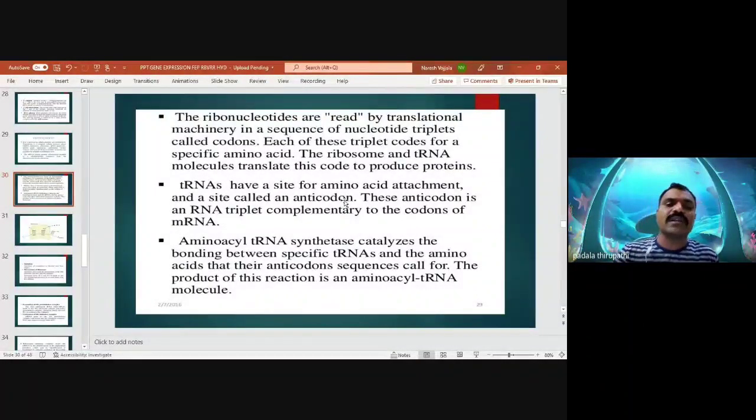This anticodon is an RNA triplet complementary to the codons of mRNA. So mRNA consists of codons, whereas tRNA consists of the anticodon.